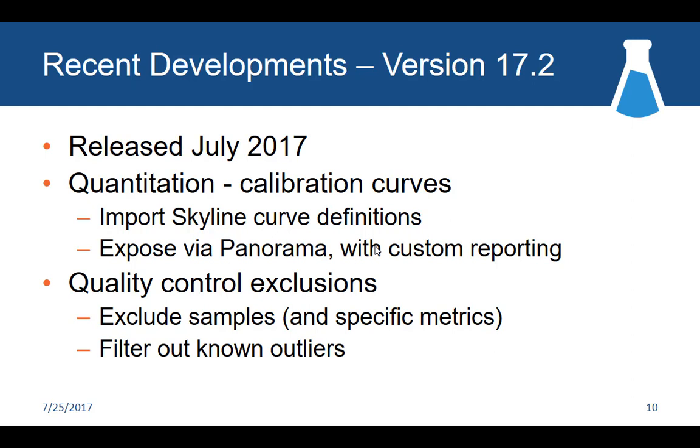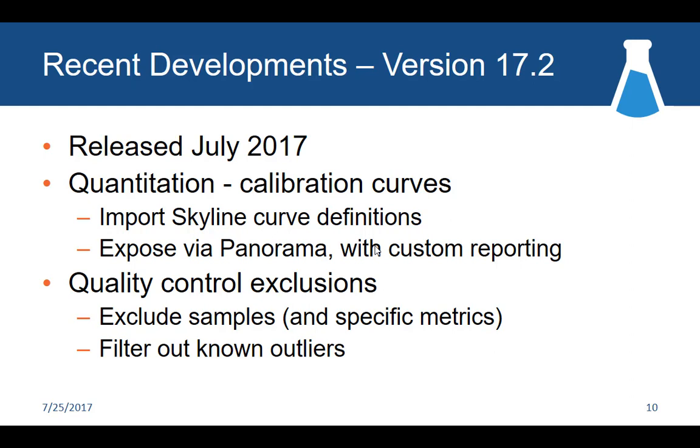So we're continuing to evolve Panorama, just like the Skyline team is adding new capabilities and releasing new versions. We just released, I think about a week and a half ago, our newest version, which is 17.2. And there's a handful of pretty compelling new things in Panorama.